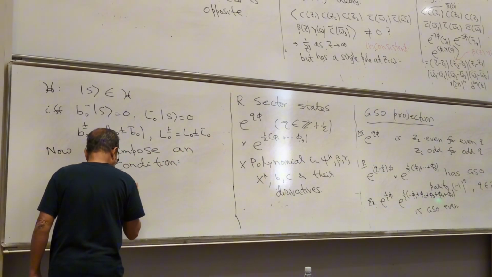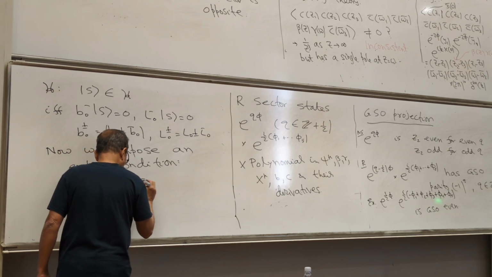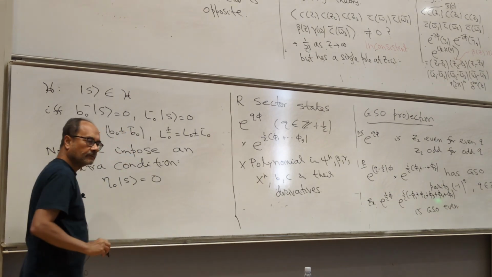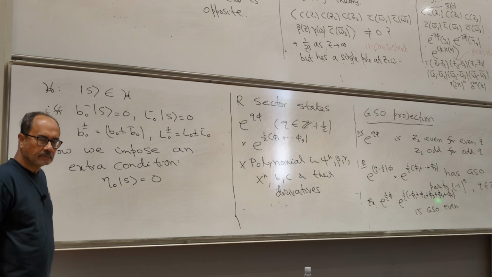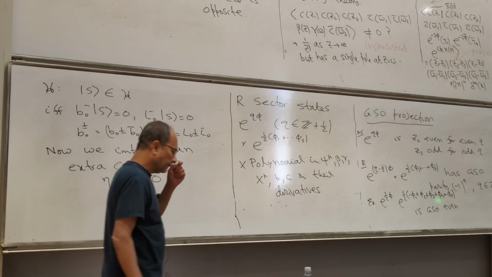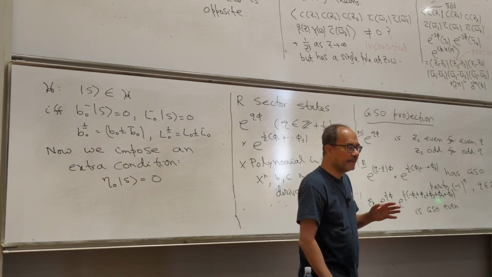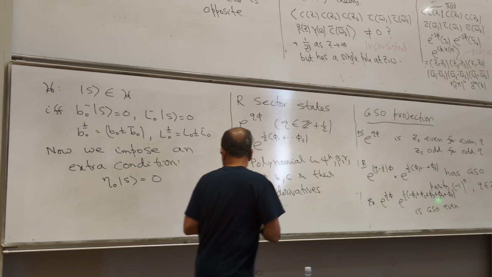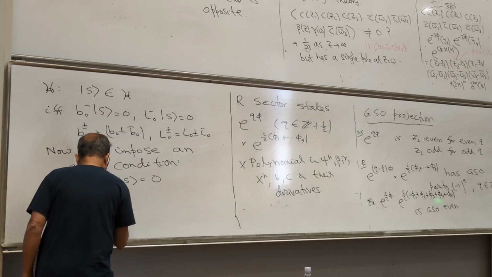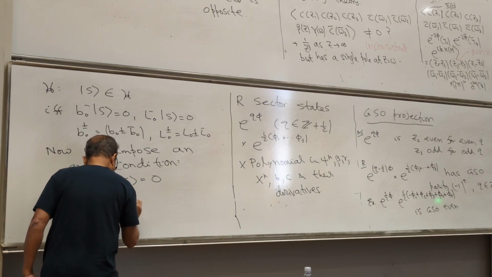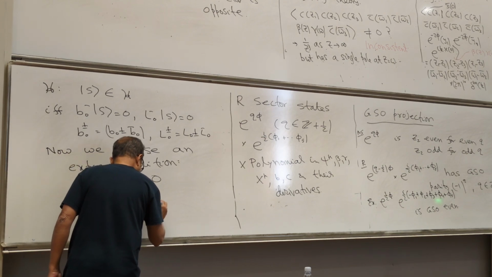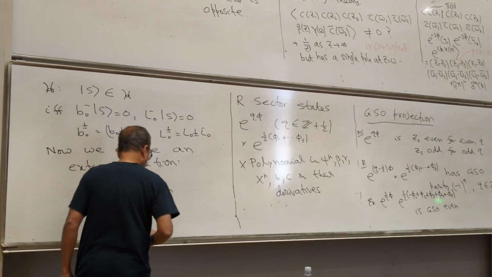Eta 0 on the state is equal to 0. Which means, if you look at xi, it has dimension 0. So the expansion of xi is just xi n z to the minus n.